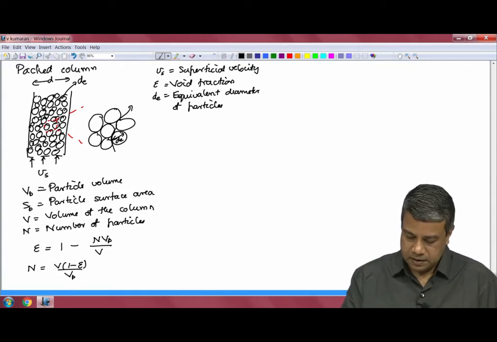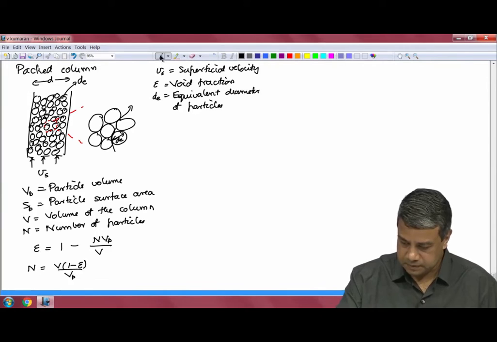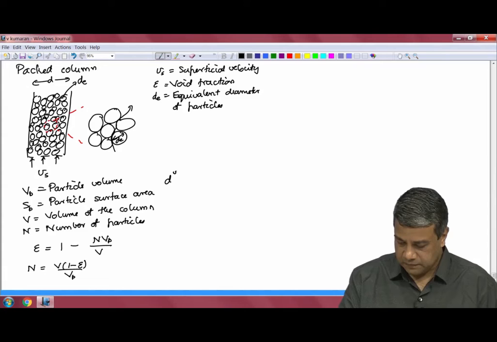So, we had defined the equivalent diameter for the voids as d void is equal to 6 times the void volume by the surface area of the voids.